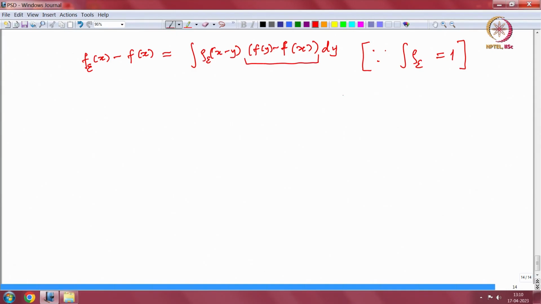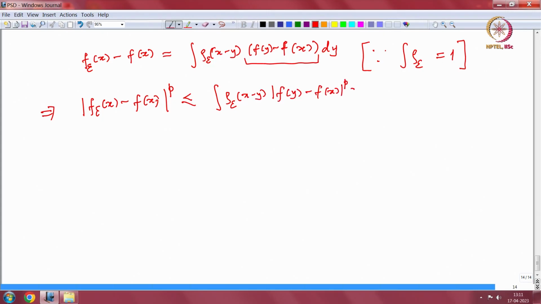Again use the same computation as we did earlier. That implies |f_epsilon(x) minus f(x)| to the power p is less than or equal to the integral of rho_epsilon(x minus y) |f(y) minus f(x)|^p dy.